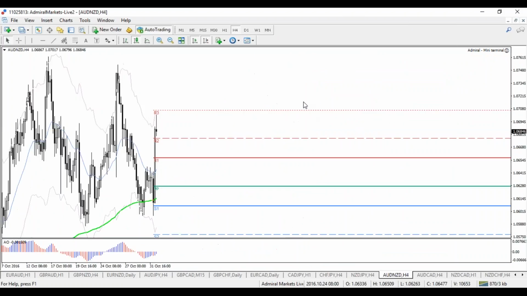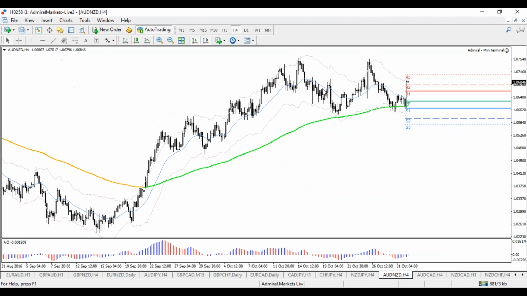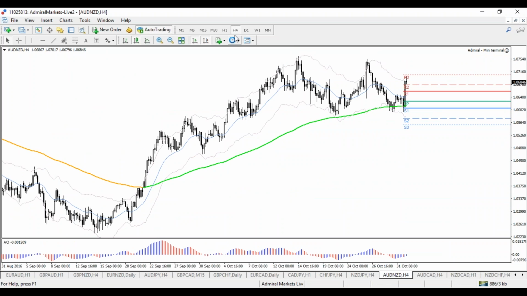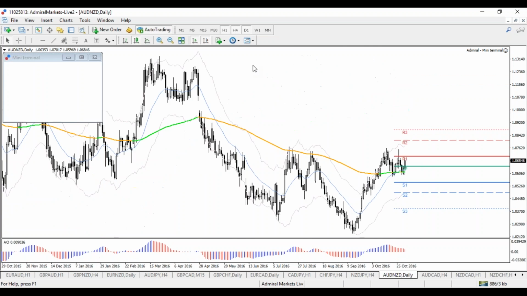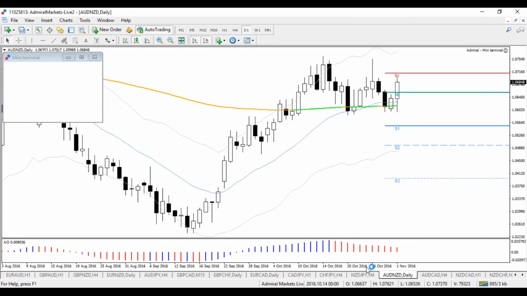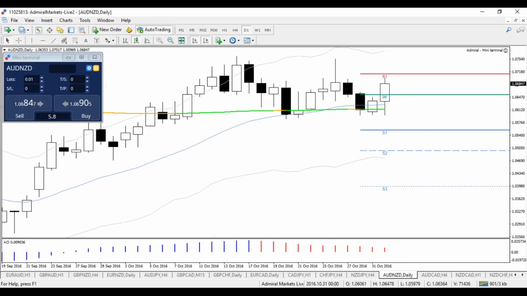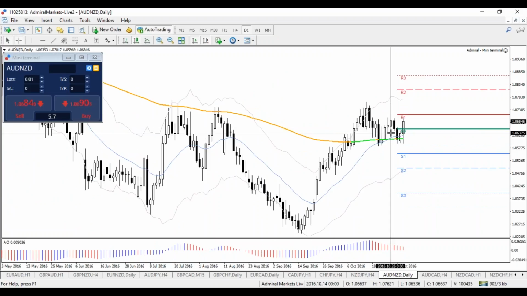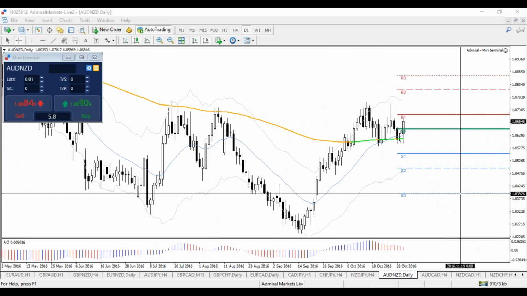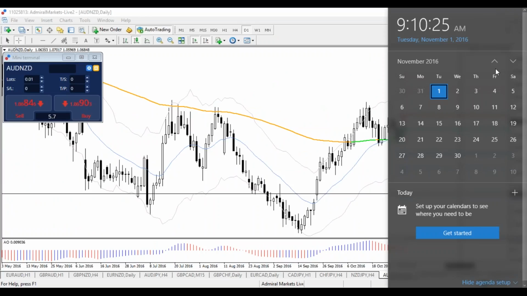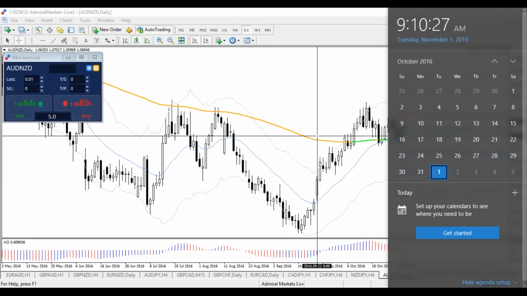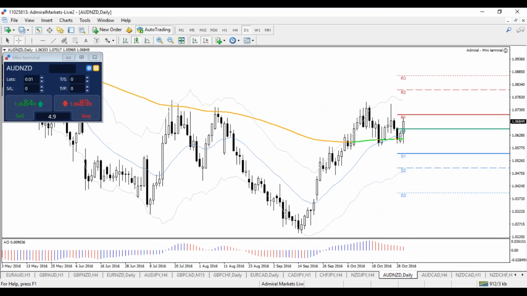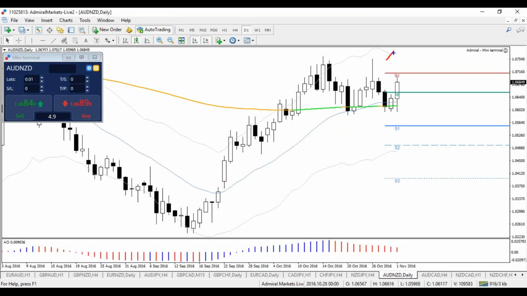Let's take a look quickly at the Aussie New Zealand. Let's see. If my memory serves me correctly, let's check the 26th of October, Wednesday. We were talking in the strategy webinar about this candle.